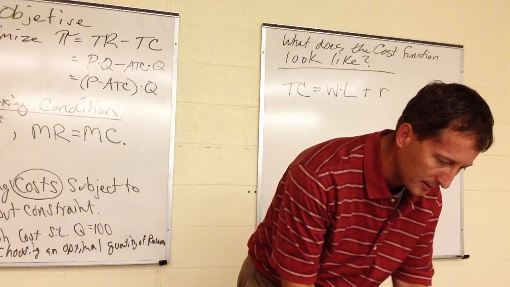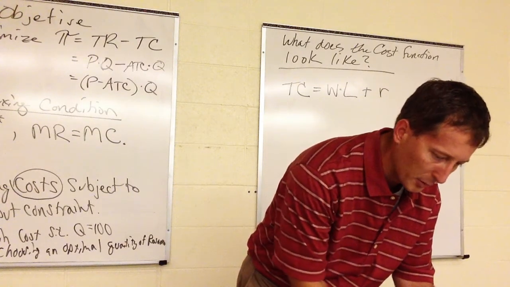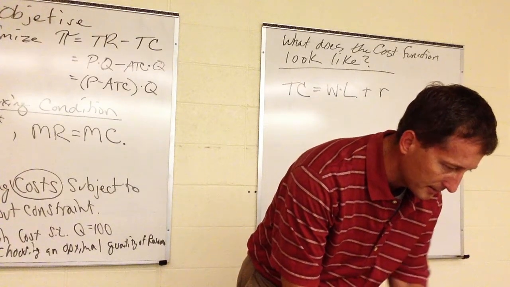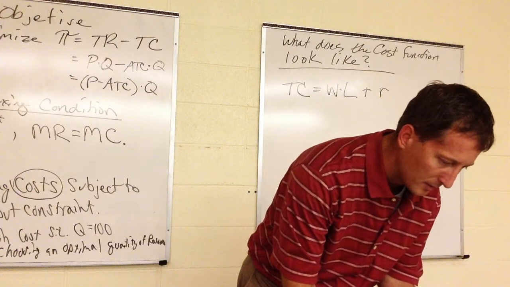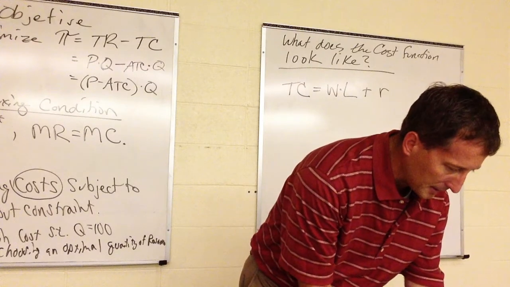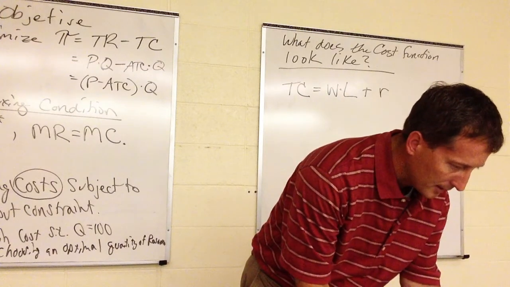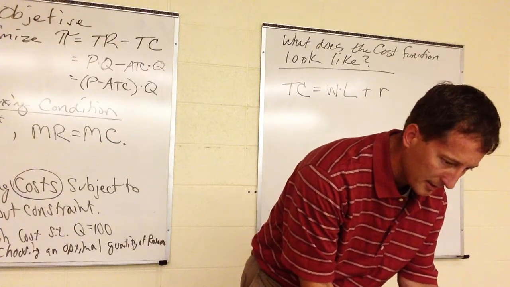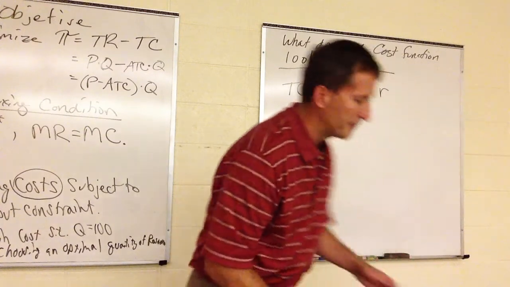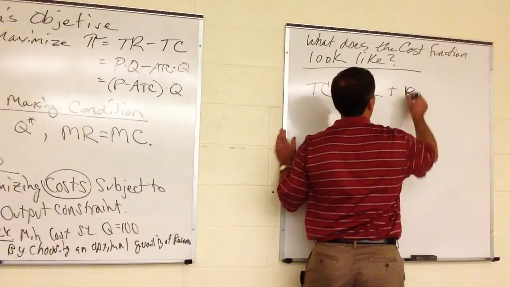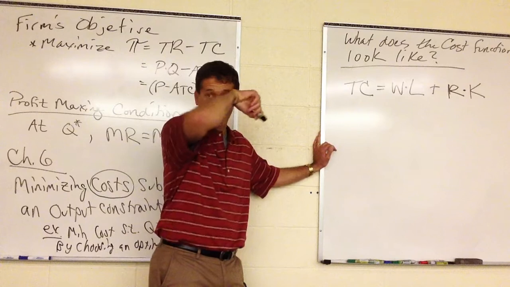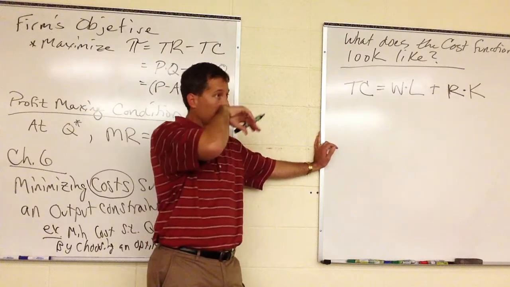If it's big R or little r, I think it's for the rental rate. I think the first problem we were going to do has it on there, or maybe the second problem. Just an attempt not to confuse you more than we need to. There it is. Yep, big R, big W. So the rental rate of capital times the quantity of capital. And that's it, if that's our only two resources. So there's your cost function.